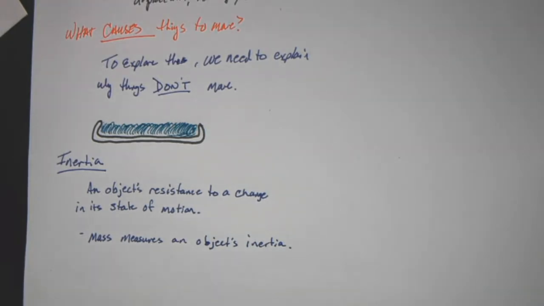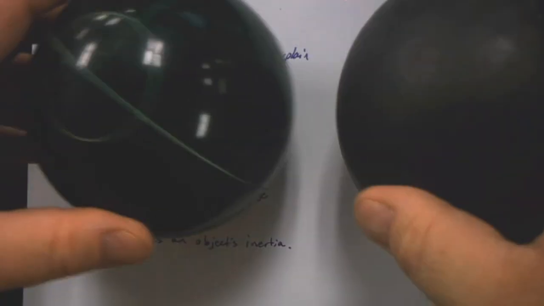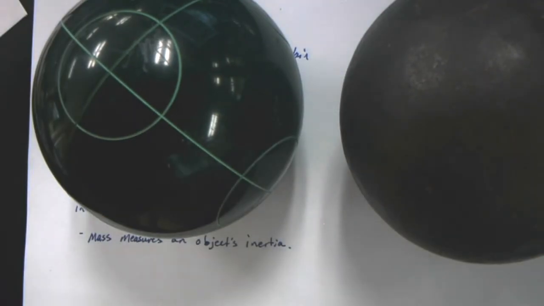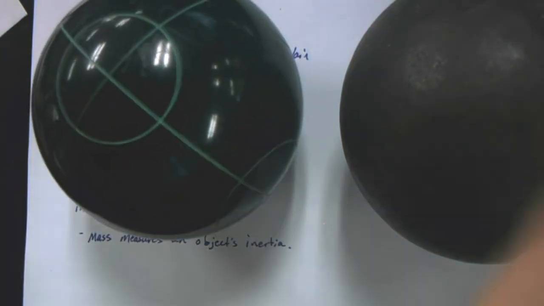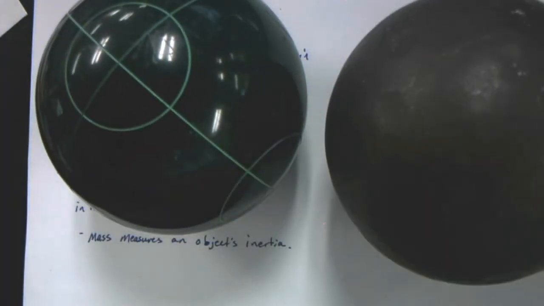But this should make sense to you guys. So if I get my massive particles of science over here, if I have these two guys, and one of these is a lawn bowling ball, and one of them is a shot from shot put.